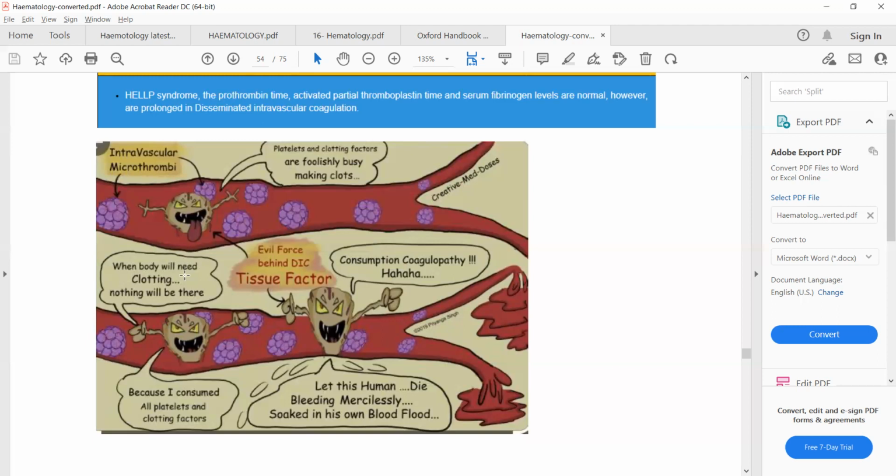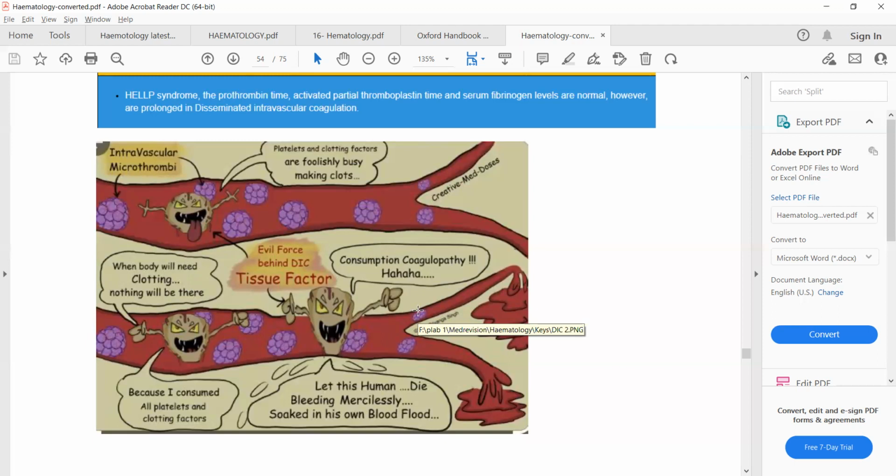So when the body needs clotting, these factors and platelets are not available. So you can say that the body develops consumption coagulopathy. Excessive consumption of the clotting factors and the platelets leads to the development of bleeding. This is known as disseminated intravascular coagulation.